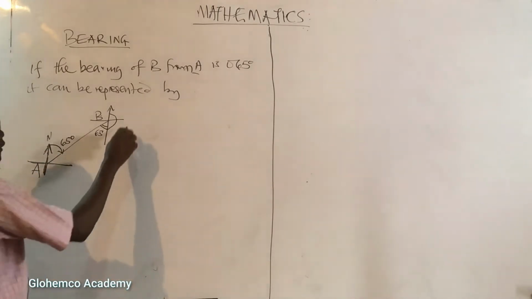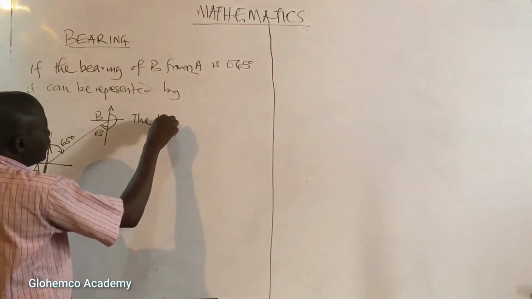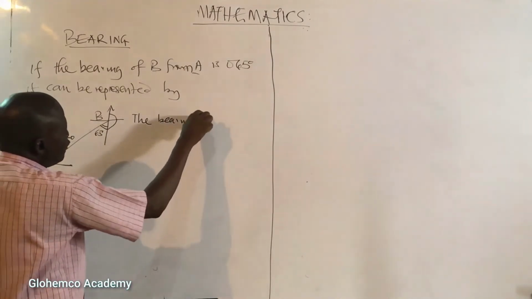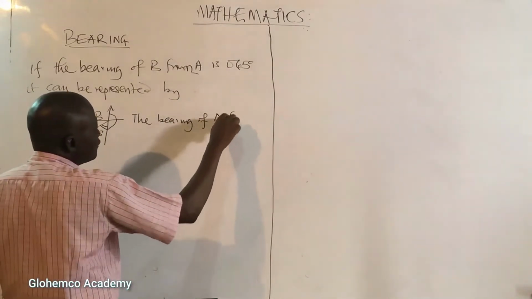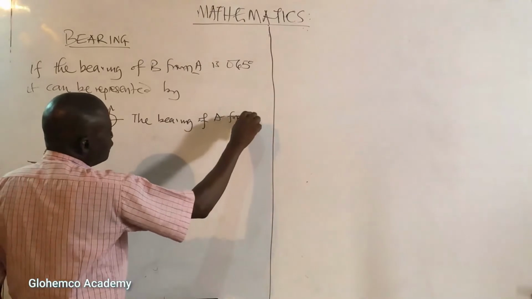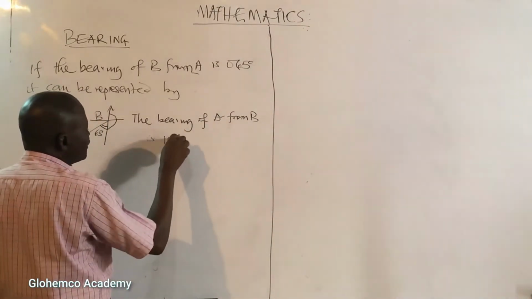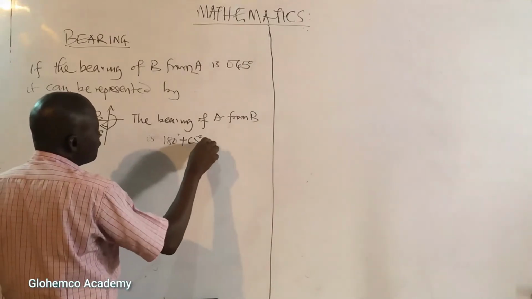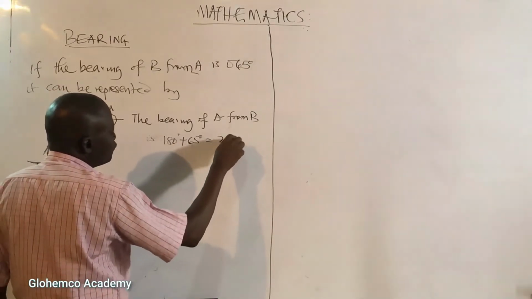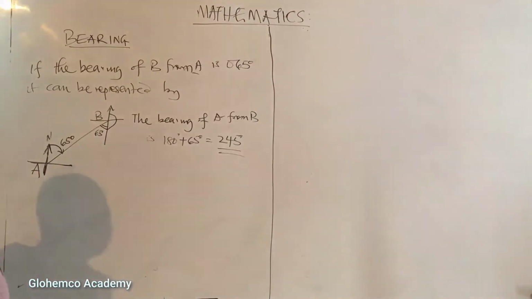Then it means the bearing of A from B will be 180 degrees plus 65, and this gives us 245 degrees, which means the bearing of A from B will be equal to 245 degrees. This is how to take the readings.